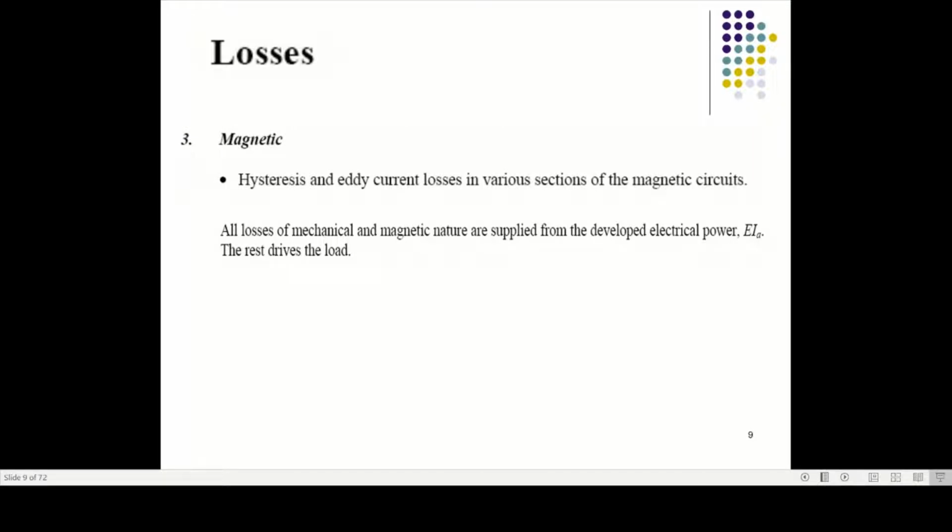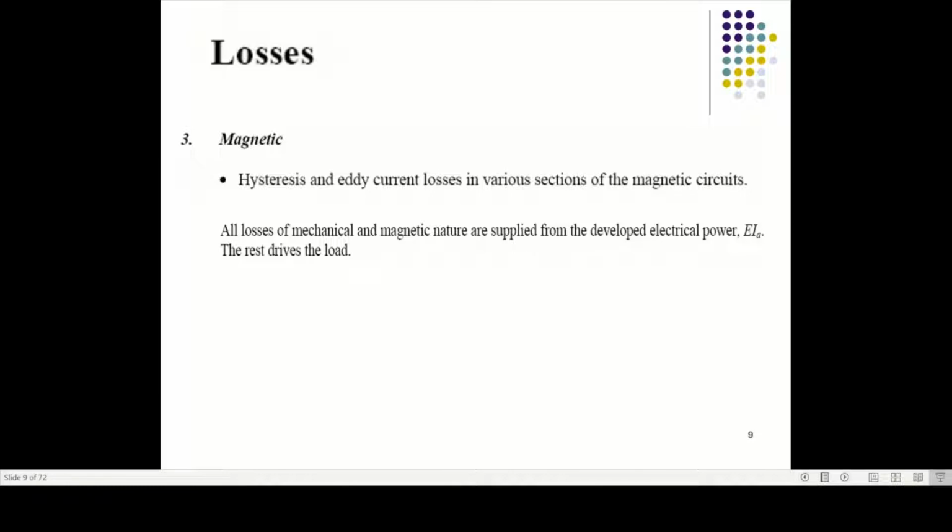And then we have core losses, or we can call it iron losses, or magnetic losses. As the iron core of the armature is rotating in the magnetic field, some losses occur in the core, which are called core losses.